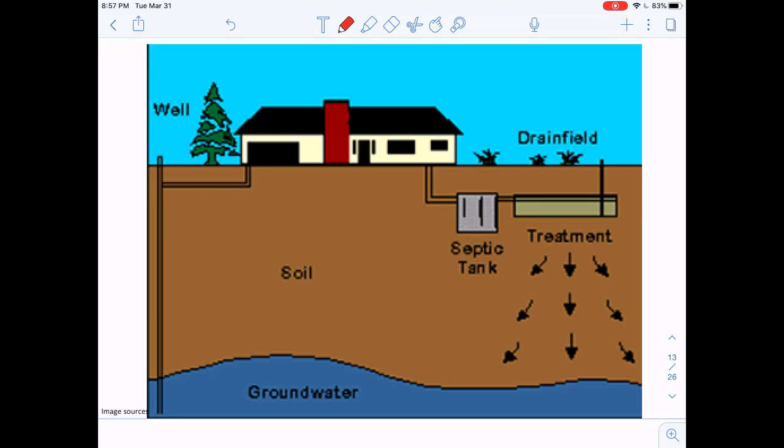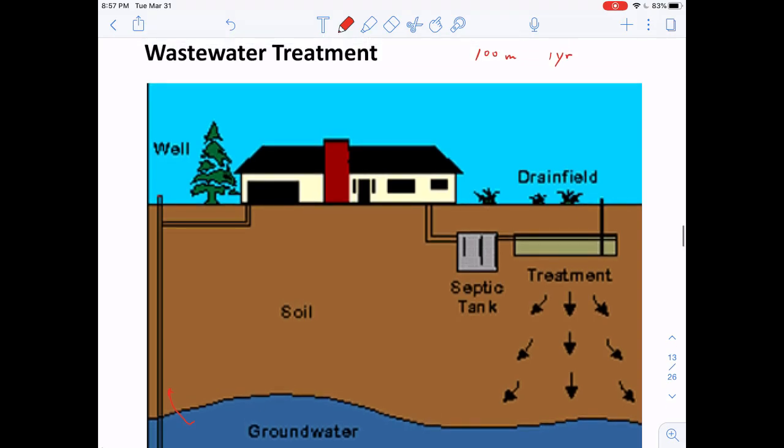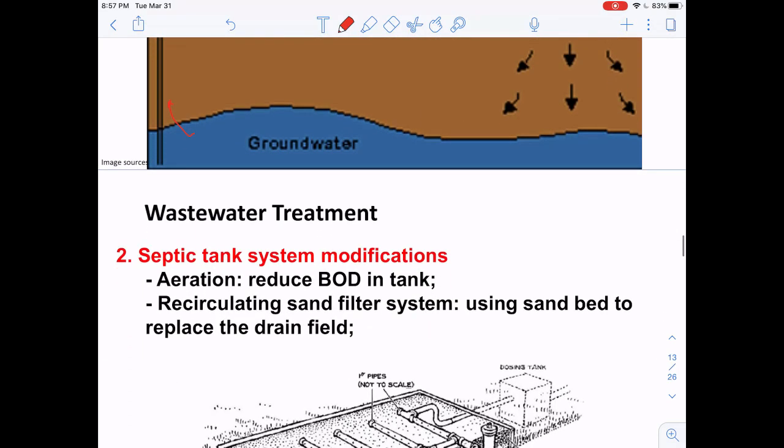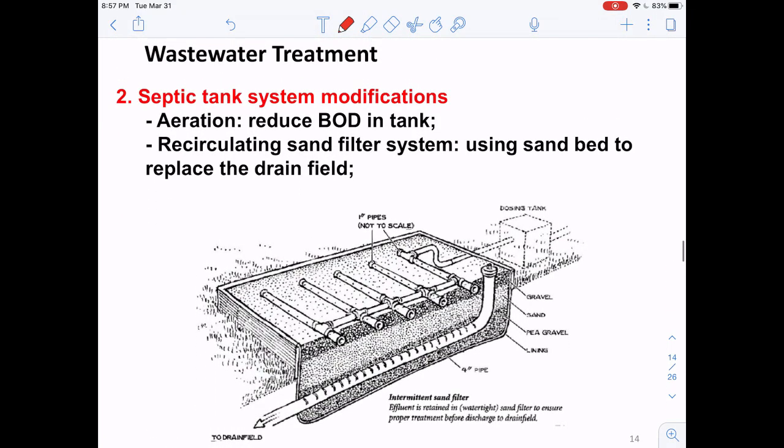But we may still be quite concerned about contamination of the groundwater source, because we're using this groundwater as drinking water, okay? Therefore we have to revise these septic tank systems, so we can have septic tank systems with modifications. What we can do is enhance the aeration.